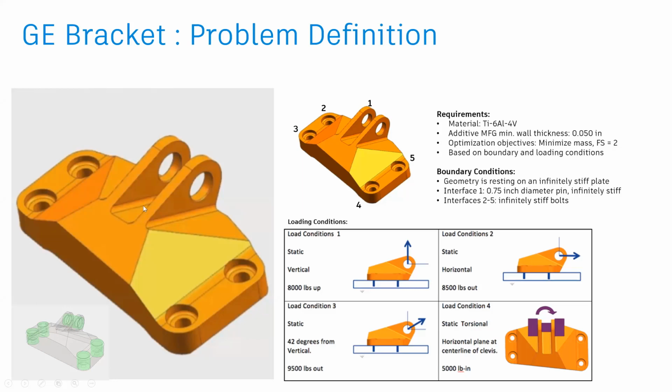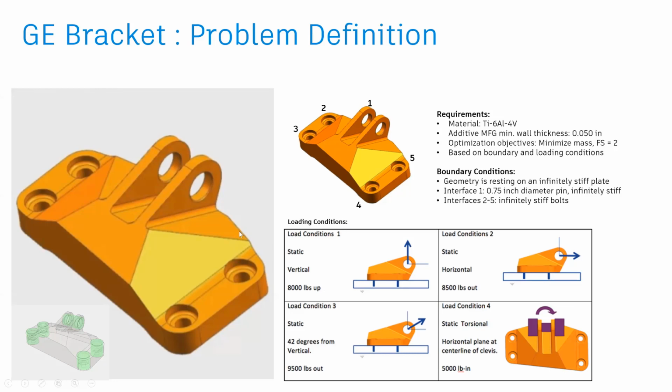This is somewhere around 3.2 kgs or something like that. They wanted to reduce it drastically by using different materials and even looking for different manufacturing methods. So they defined the materials. They said, we want to look at additive manufacturing as a platform and certain loading conditions.